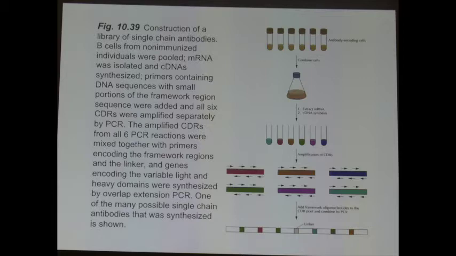You can think about it as 6 times 6 times 6, or 6 to the 6th possibilities for the way these can go in. And so you have a very large number of possible fragments.